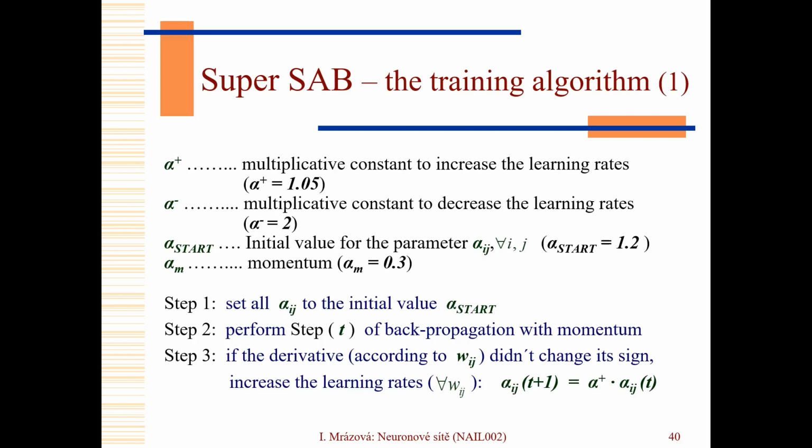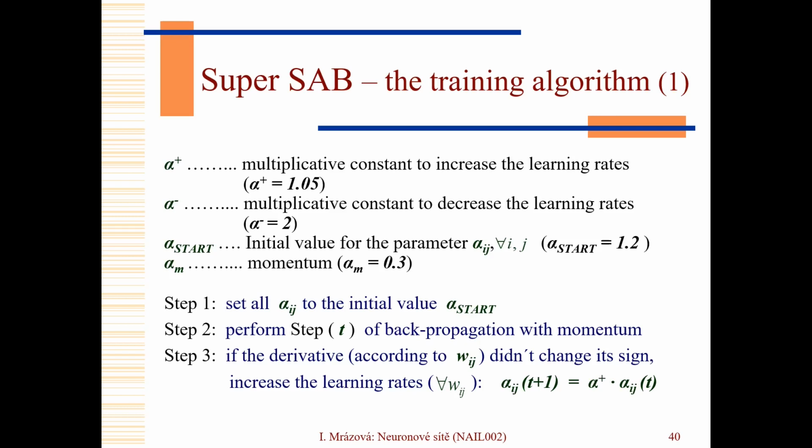When summarizing the SuperSAB strategy, we will use the following notation. Alpha plus will indicate the multiplicative constant that is used to increase the learning rates. For our purposes, it's enough to set the parameter alpha plus to 1.05. Then we need a multiplicative constant to decrease the learning rates. This constant will be labeled alpha minus and will be set to 2.